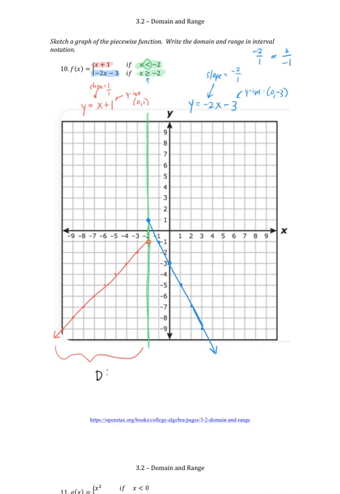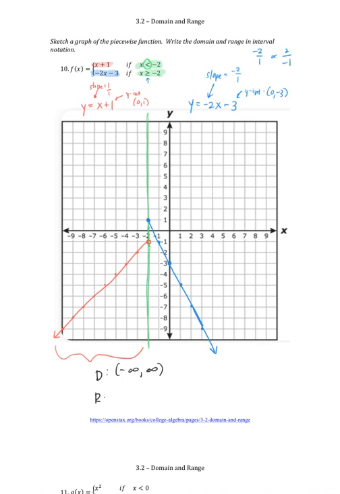So overall here, your domain is negative infinity to infinity. Even though there are two pieces, there's no gap. While -2 is not included in the red, it is included in the blue. So there is no missing x value. All the x values are defined at some point on the graph.